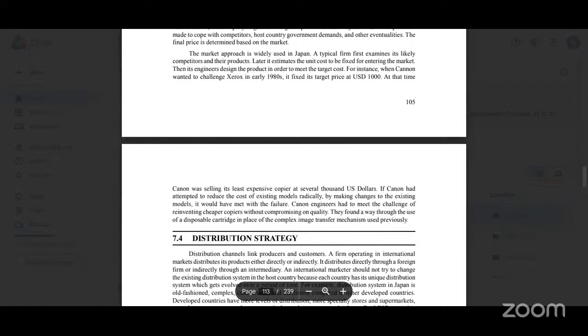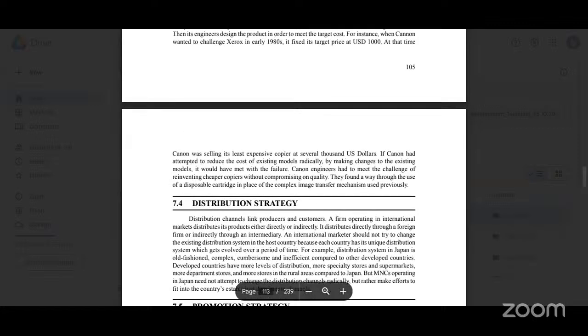For instance, when Canon wanted to challenge Xerox in early 1980s, it fixed its target price at USD 1000. At that time, Canon was selling its least expensive copier at several thousand US dollars. So if Canon had attempted to reduce the cost of existing models radically by making changes to the existing models, it would have definitely met with failure.